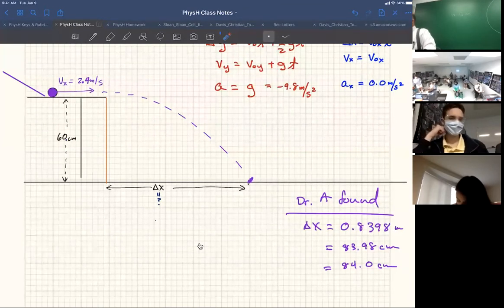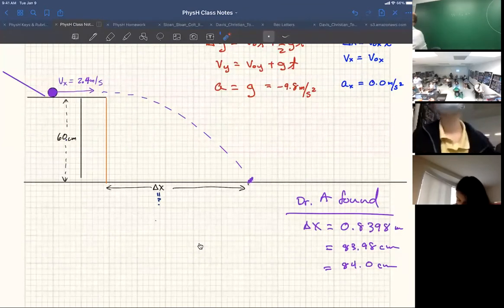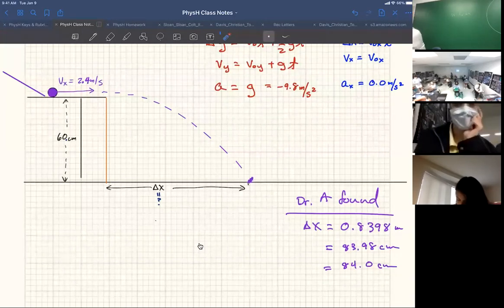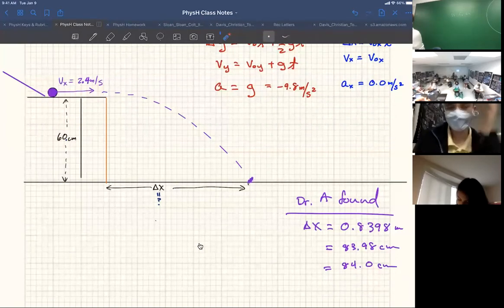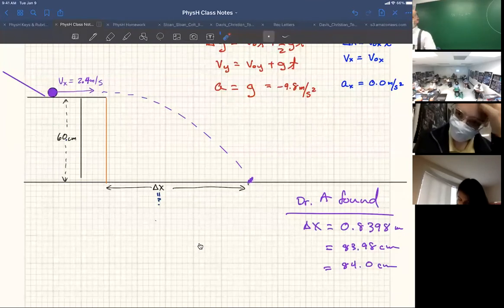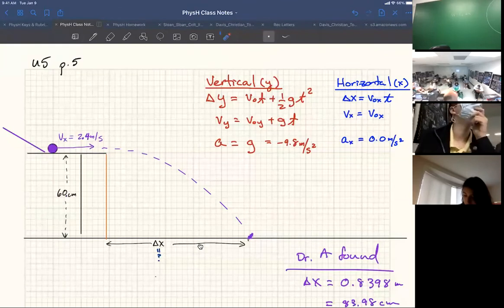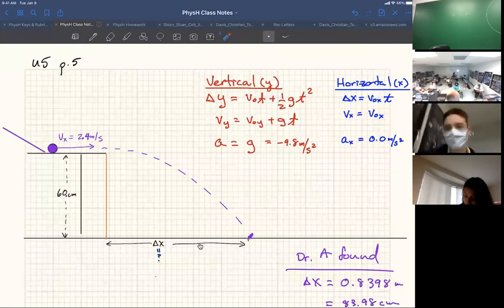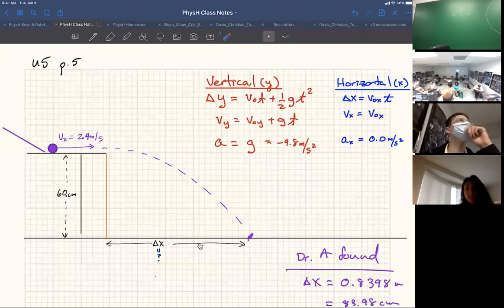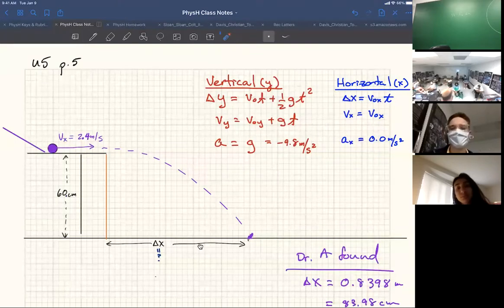But initially, no, because this equation right here is where it starts, but over time it changes. When it first comes off the table, the vertical velocity is zero.